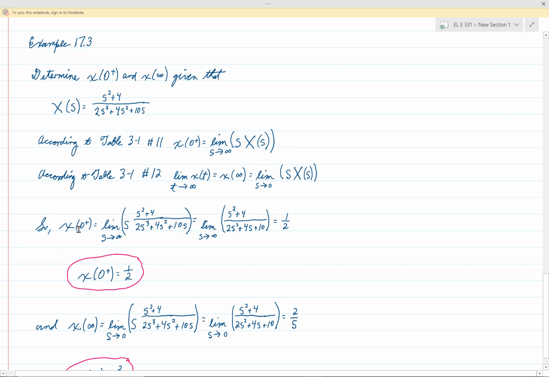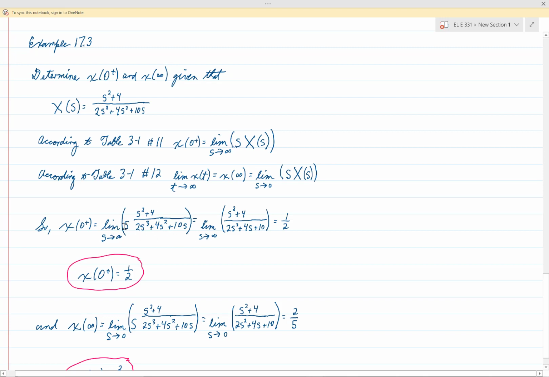Okay, little x of 0 plus, according to this initial value theorem, is the limit as s goes to infinity of s times the Laplace transform, s squared plus 4 over 2s cubed plus 4s squared plus 10s.